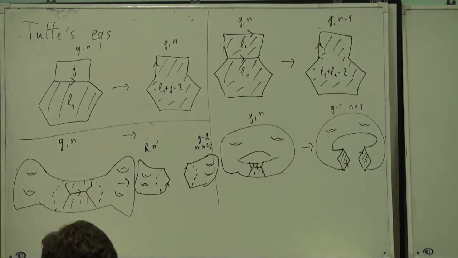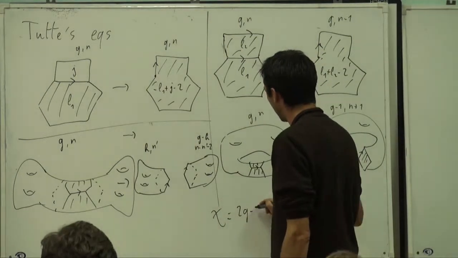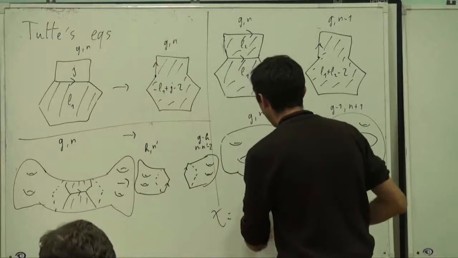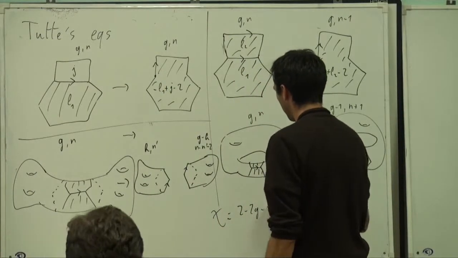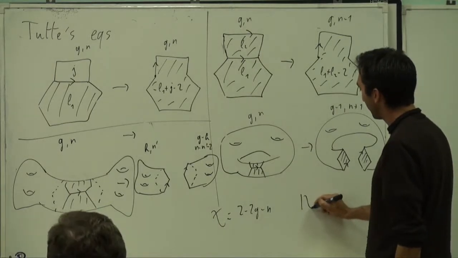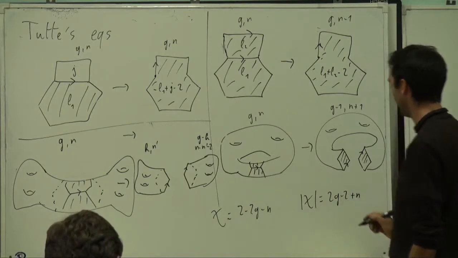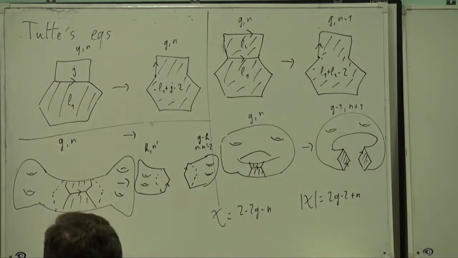There is one thing you can check, is that in this procedure, the Euler characteristic chi equals 2 minus 2g minus n. So the absolute value of chi is 2g minus 2 plus n, because in general the Euler characteristic is negative in all those examples.